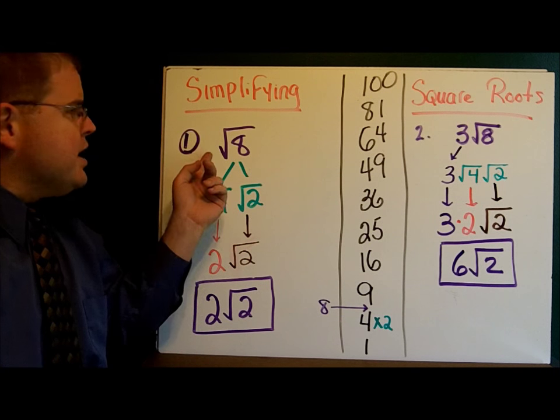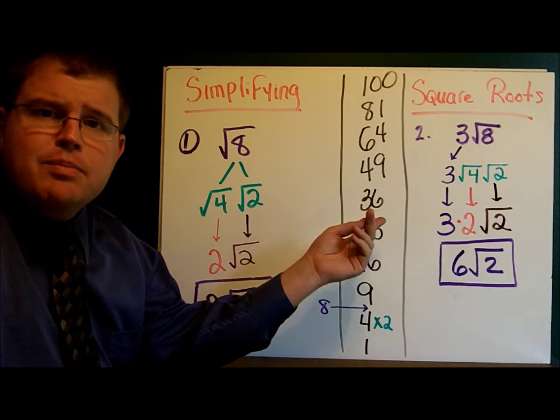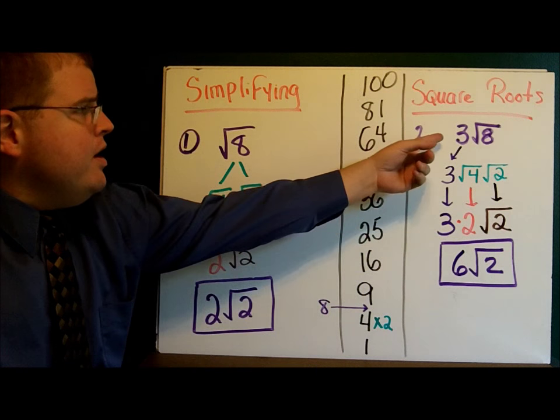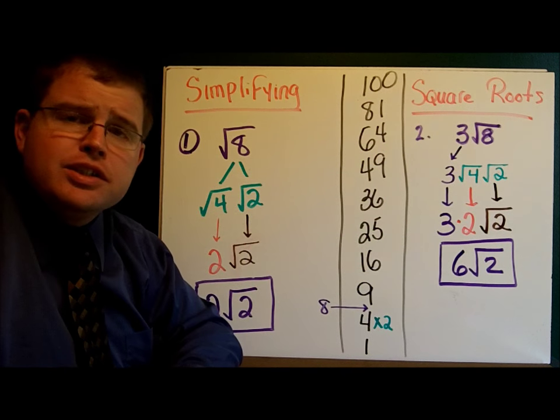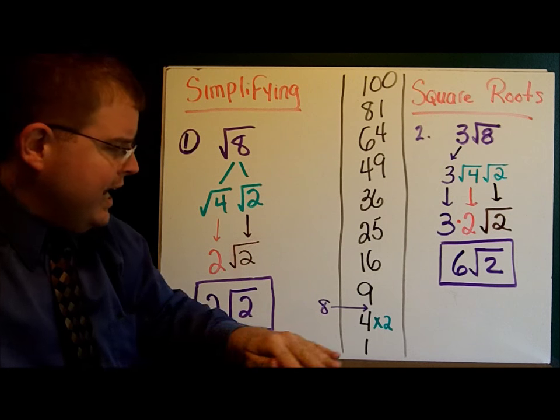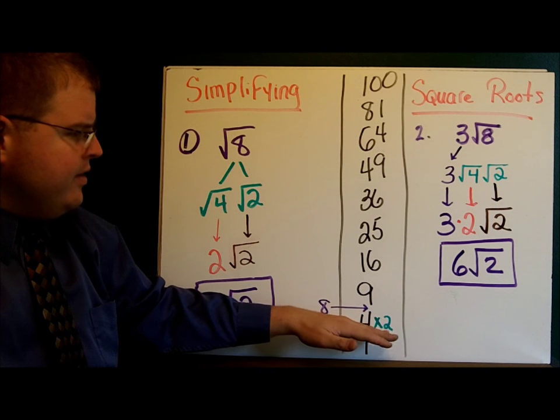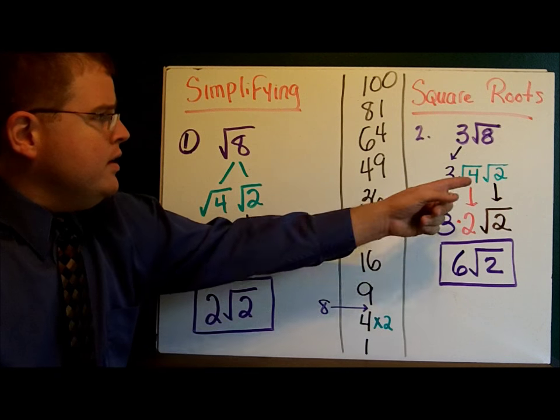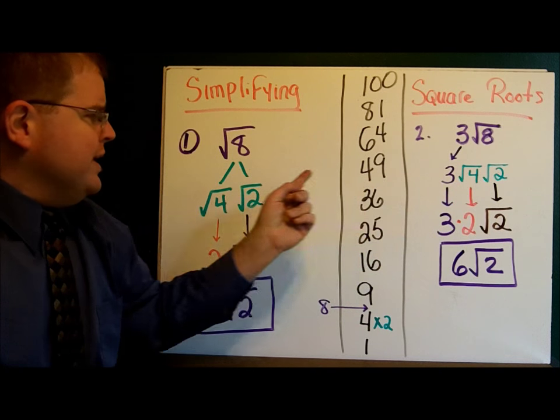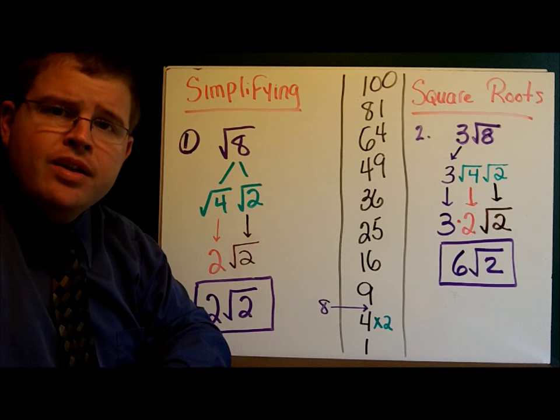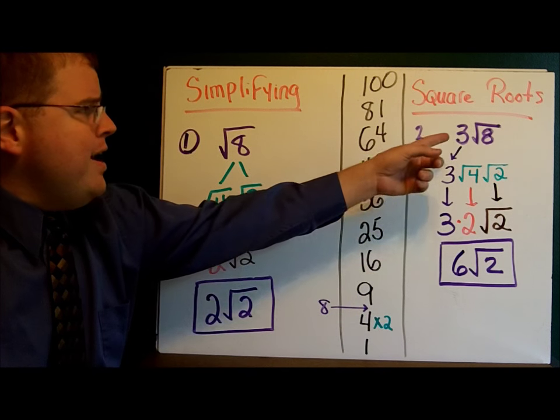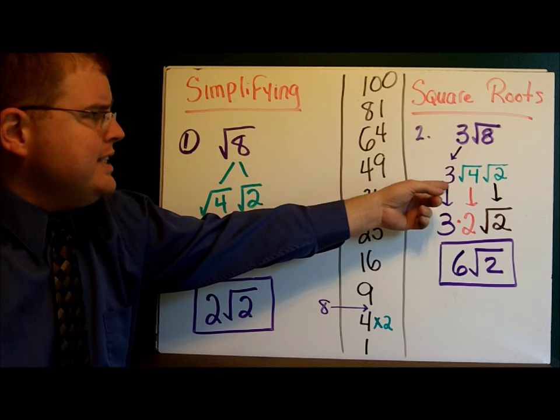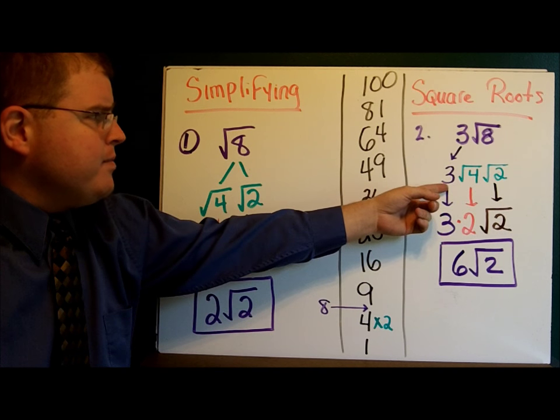Now, what if there was a coefficient there? Well, example 2 deals with just that. Here we have 3 times the square root of 8. And once again, 8 would be right here. The biggest number on this list that goes into 8 evenly is 4. Square root of 4 and square root of 2. That's the same thing we did over here. Only difference is now I have this 3 out front, and I just bring the 3 right down with me.